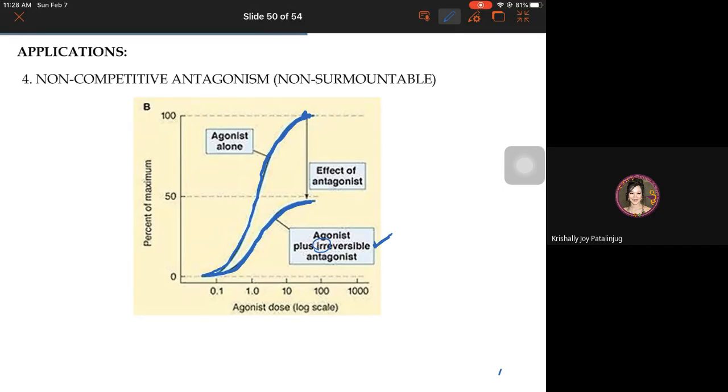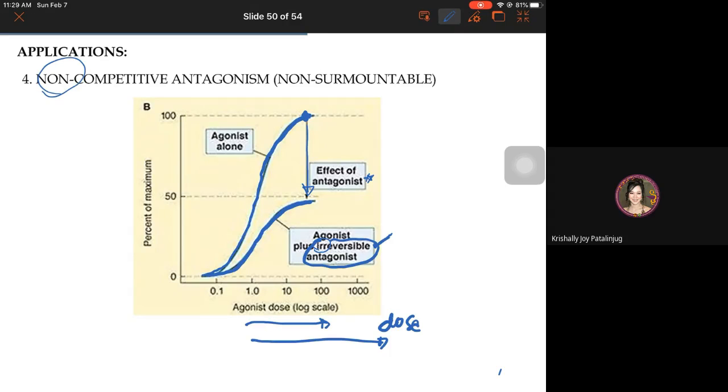Knowing that a non-competitive antagonist involves allosteric antagonism, no matter how much we increase the dose, we cannot surmount the effect of this irreversible antagonist. That is why the agonist effect was counteracted by the irreversible or non-competitive antagonist.